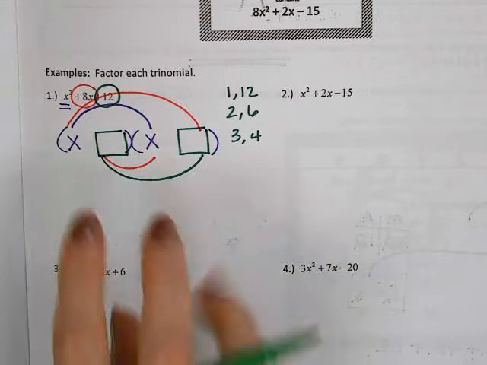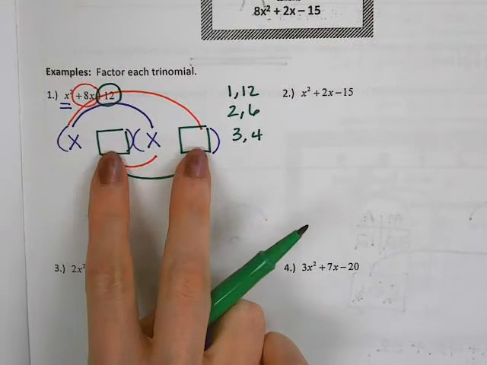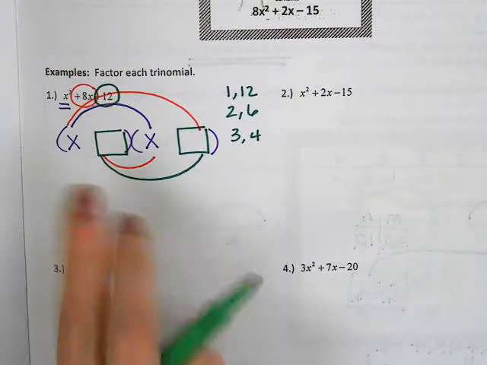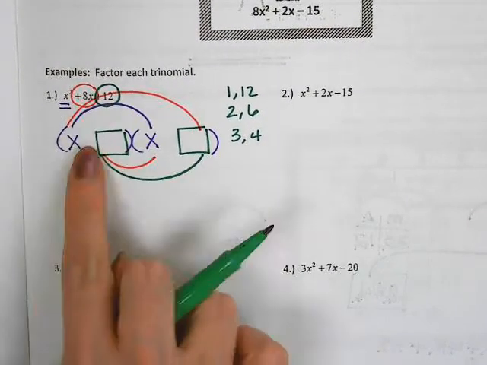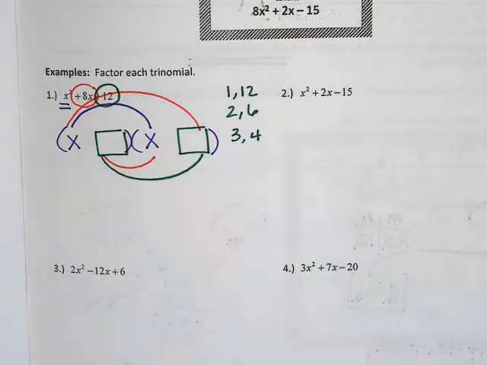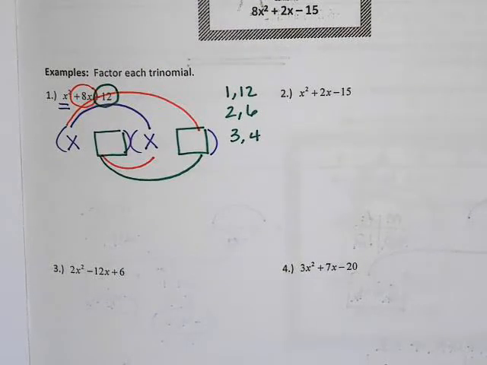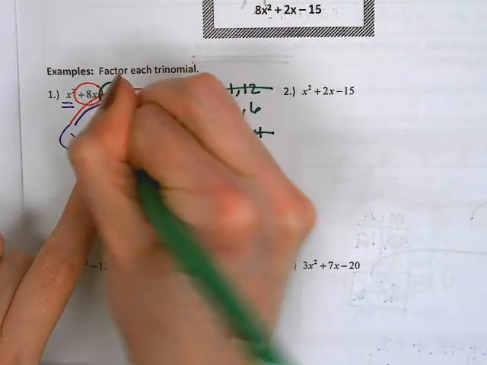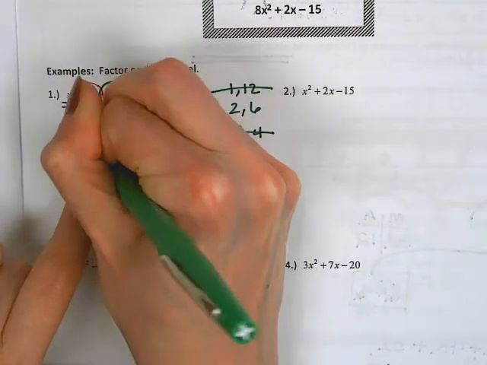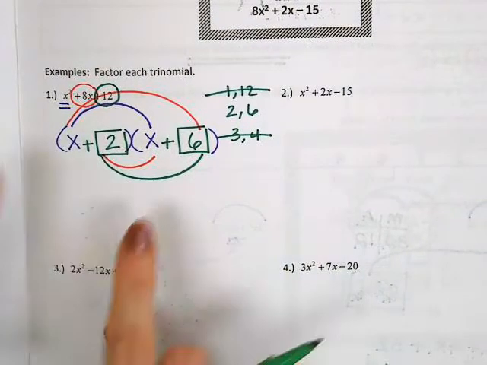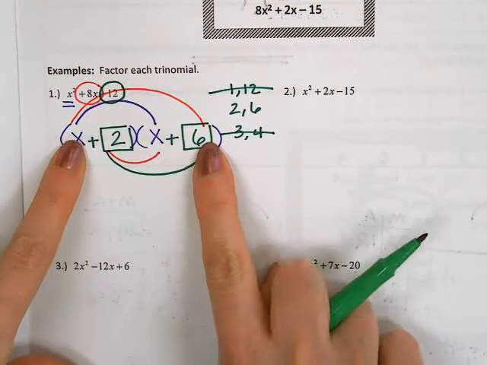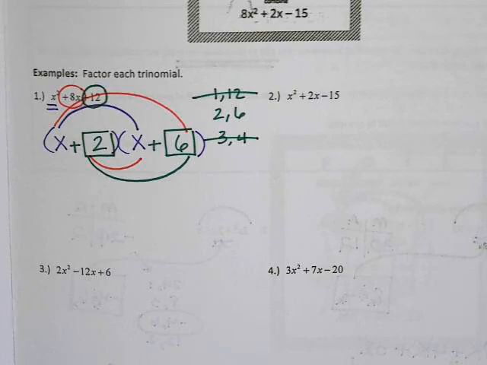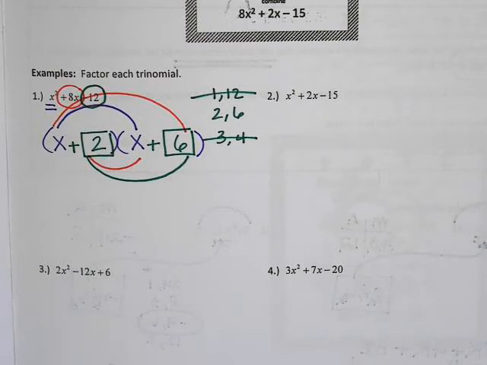Which one of these would multiply to 12, but also when I distribute in the red would add to 8? And you would say, okay, well, it can't be these, it's got to be the positive 2 and the positive 6. Now, how do you know that? Because 6x plus 2x equals 8x. And then that's your answer.